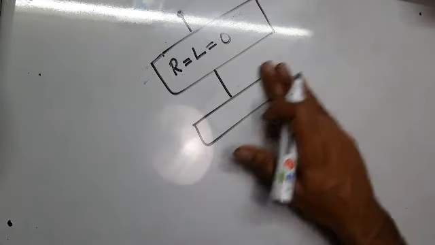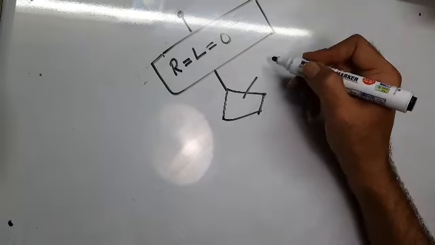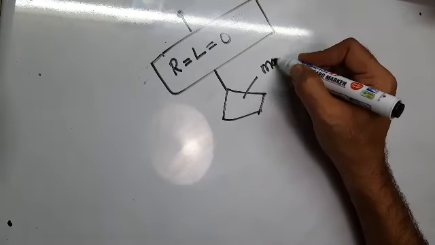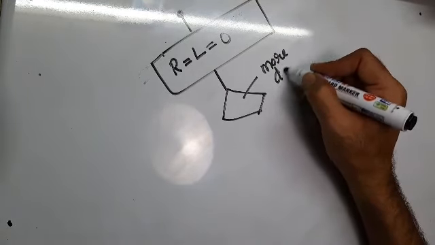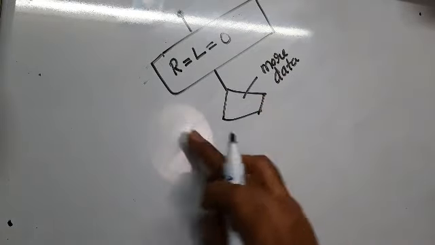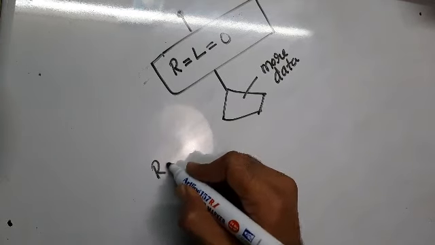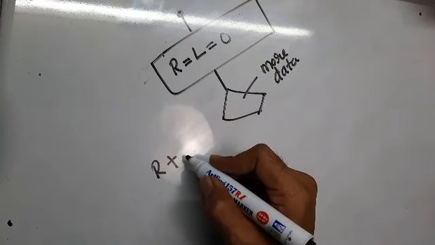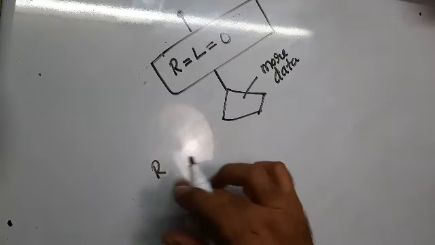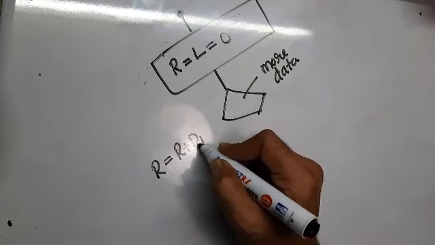So I'll use one decision box to check whether there is any more data. Once initialized, every data word gets added to the checksums. First I'll add it to R. So I'll first update my R: R is equal to R plus DJ.